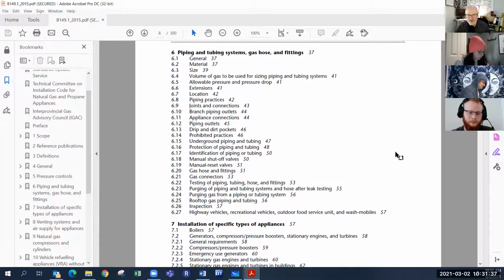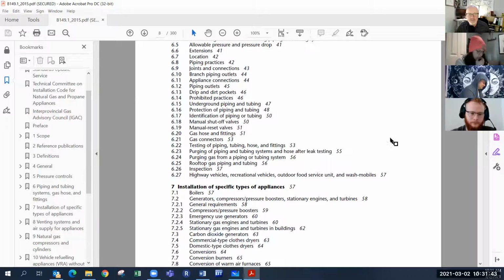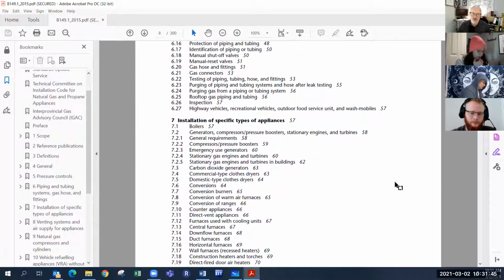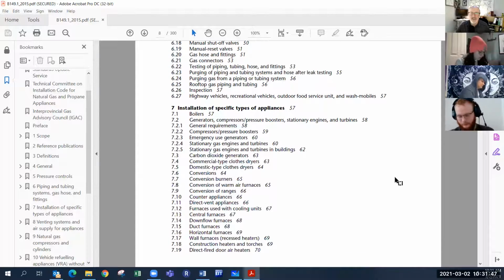And we need to understand a bunch of that stuff as well as we move through the gas code book. Section 7 is all about installation of specific appliances. If you have an appliance and you're not sure about the rules for installing any particular appliance, you look in here and you will find the rules associated.